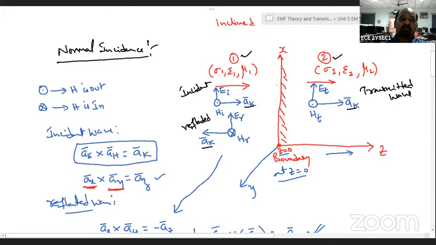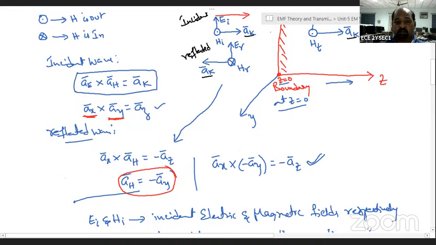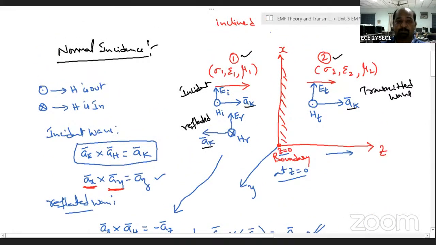But for the reflected wave, the direction of magnetic field changes, and the direction of wave propagation also changes. They will be reversed. That is how we can represent waves.